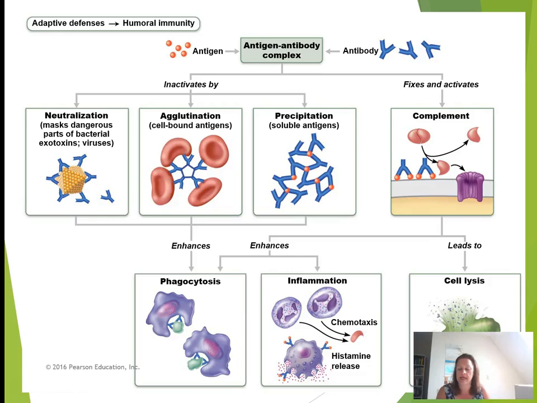So we have this complement, and it basically binds to the antibody and leads to the cell lysis, which you see at the bottom there. So 4 things. They can neutralize it, they can agglutinate it with cells, they can precipitate it with antibodies, or they can bind with complement and burst the cell open. So these are the 4 ways that antibodies will work in the body. And there are many, many, many different viruses, bacteria, and pathogens. We can't go over every one of them, but there's 4 ways that this happens.